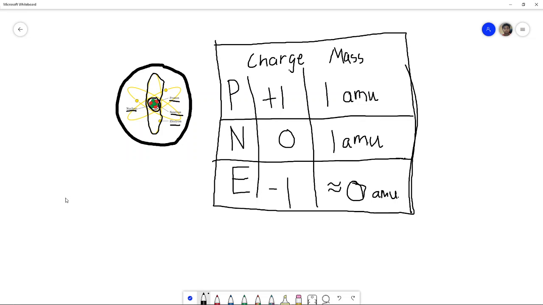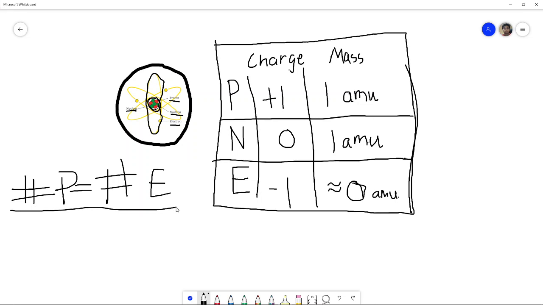But usually when we find them in their raw form, the number of protons is equal to the number of electrons. And since protons and electrons have opposite charges, they cancel each other out.